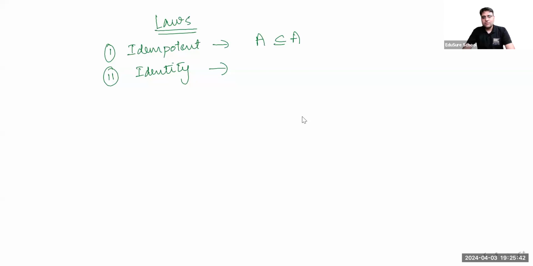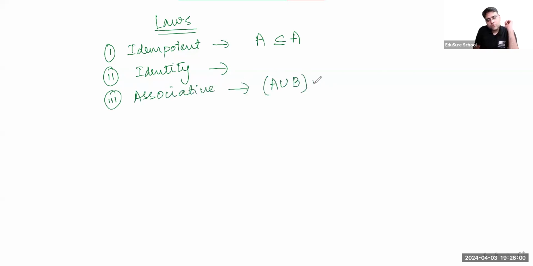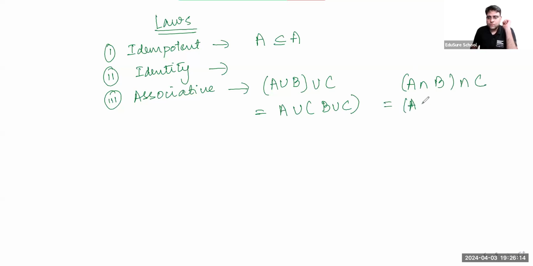Then we have associative. This can be easily written as A union B union C. Similarly, A intersection B intersection C can be written as well.